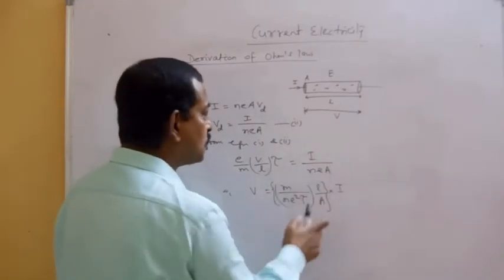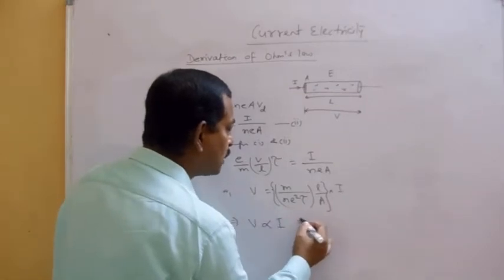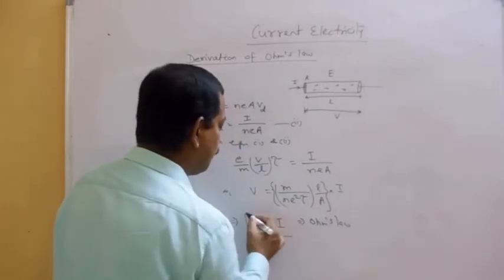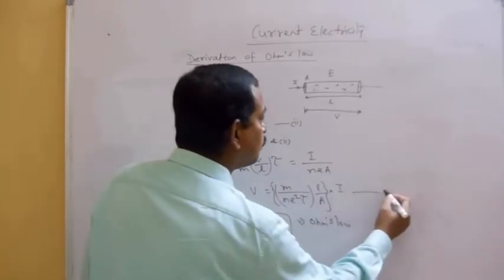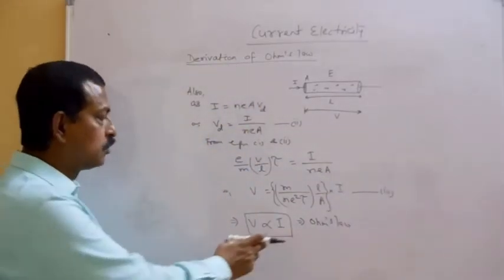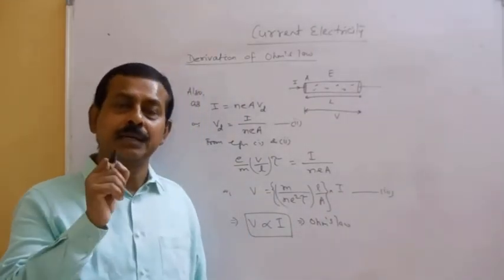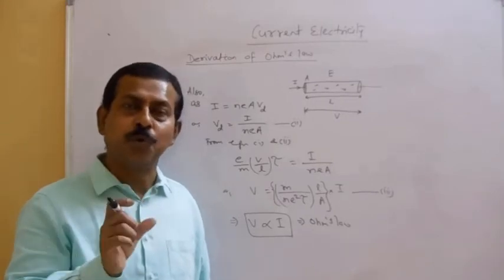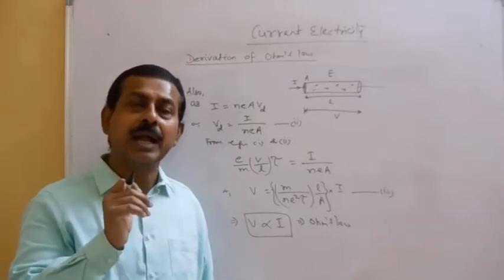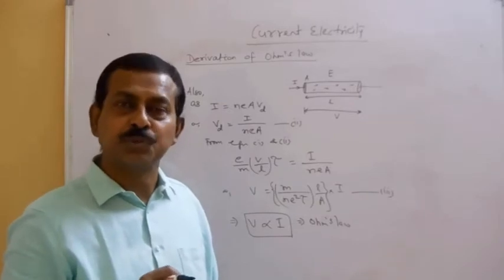So if this term is constant, then obviously what we get? V is proportional to I, and this is your Ohm's law. In the statement of Ohm's law also we have said that the potential difference between two points of a given conductor of a particular material at constant temperature is directly proportional to the current flowing through it.